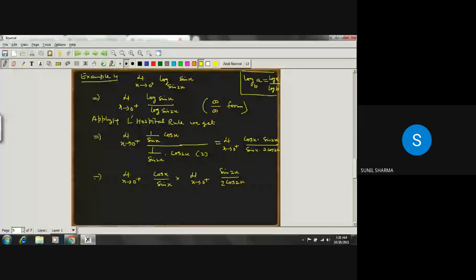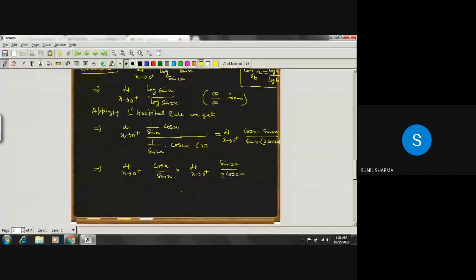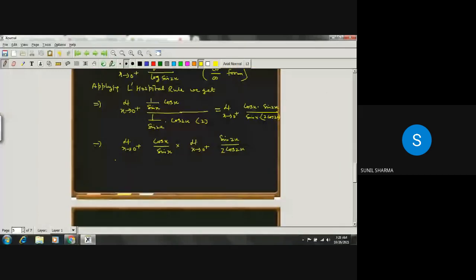So we separate this into two functions. So this implies limit x goes to 0 positive, in this step we can simply multiply this.